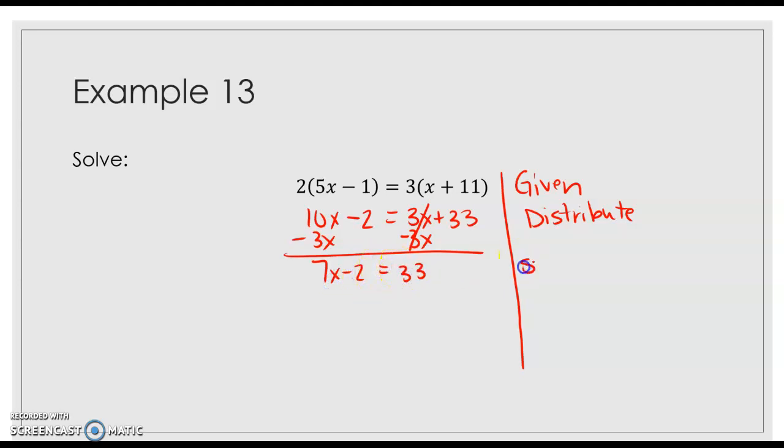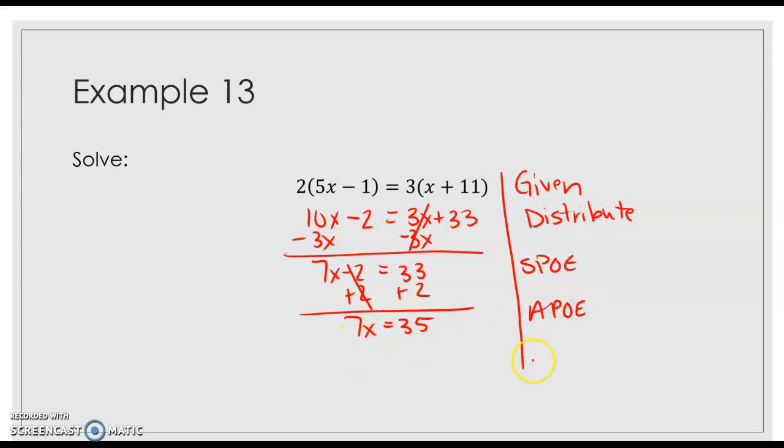So I used the subtraction property of equality. From here I'm going to add 2 to both sides, because that's going to get this constant away from my coefficient term, my x. And so now I am left with 7x equals 35, and I got that by using APOE.